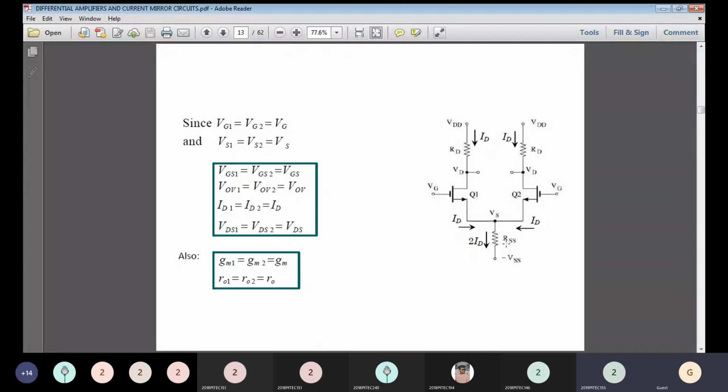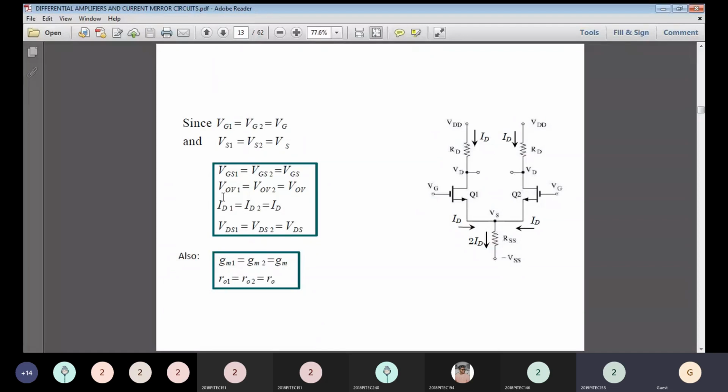It is equal to both transistor gate voltages, so VG1, VG2 is equal to VG. Then the source voltages for both transistors, VS1, VS2 is equal to VS, and VGS1, VGS2 is nothing but VGS. So what is the output at transistor 1 and transistor 2?